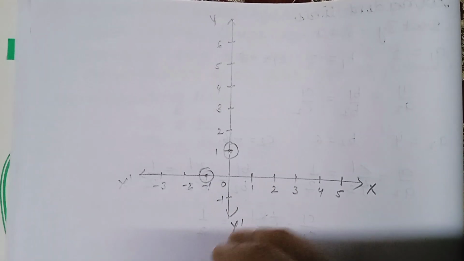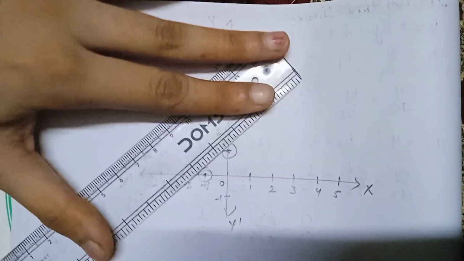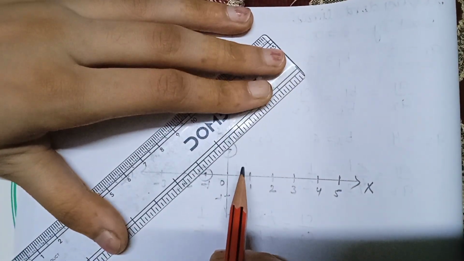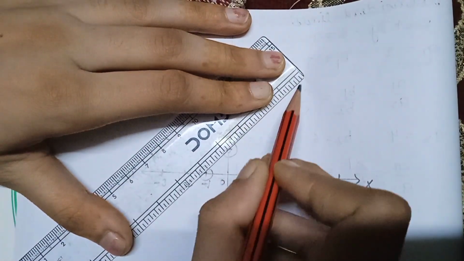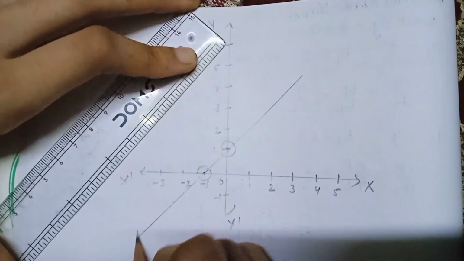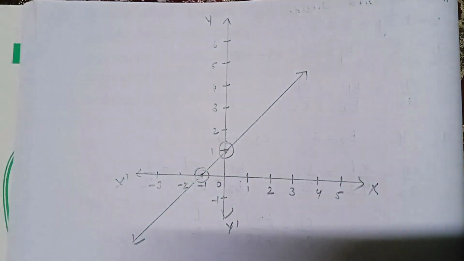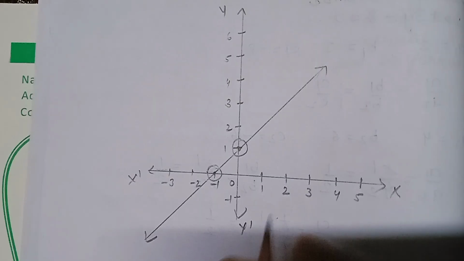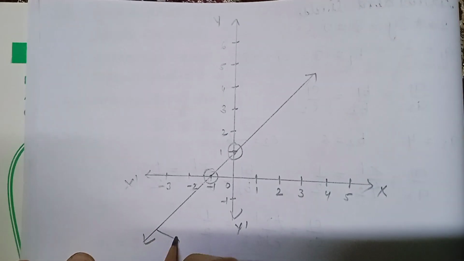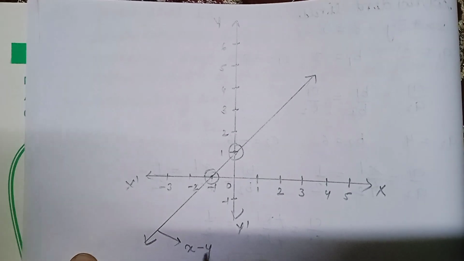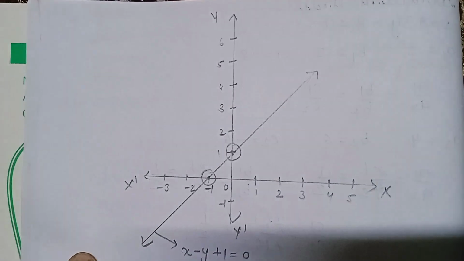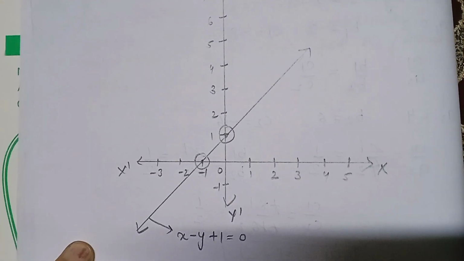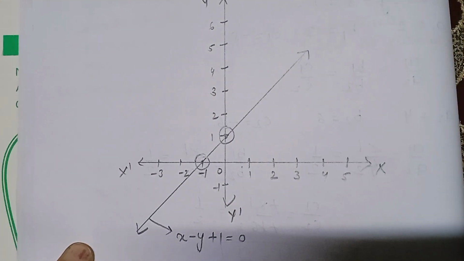Now we have to connect these 2 points. This is the equation which we are getting, and this line is for the equation x minus y plus 1 is equal to 0. We have to repeat the process for the other equation as well.